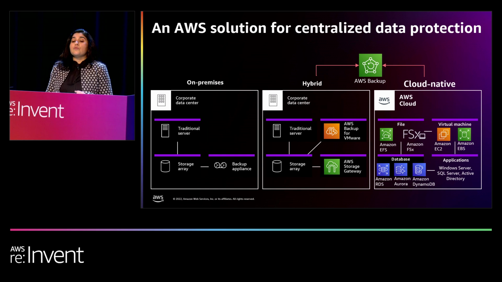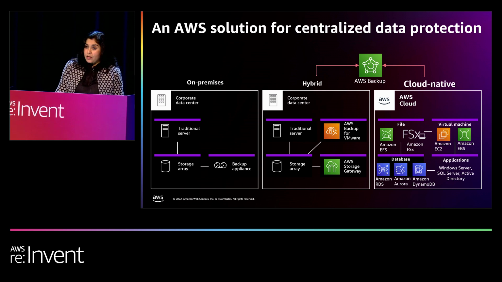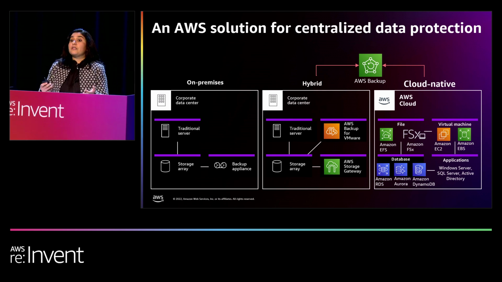They want to be able to monitor, audit, and report on the compliance of their data protection policies natively from the cloud. We listened to our customers, and we worked backwards, and as a result, AWS Backup is available to solve for the hybrid and cloud-native use cases. This is what our customers wanted from us.